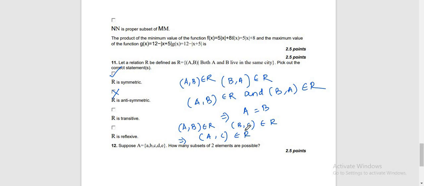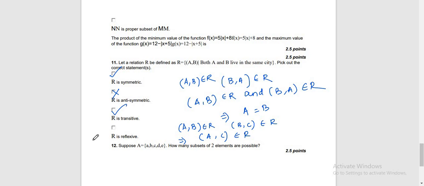If you and one friend are together in the same city, and your friend and the other friend are in the same city, then you and your second friend will also be in the same city. So definitely R is transitive, and that's why option C is also correct.